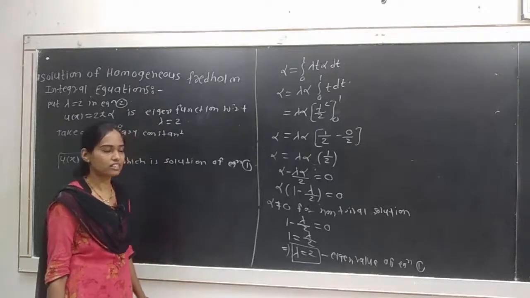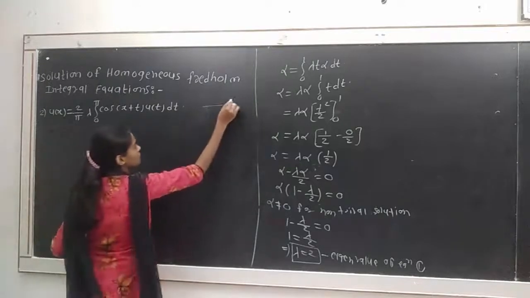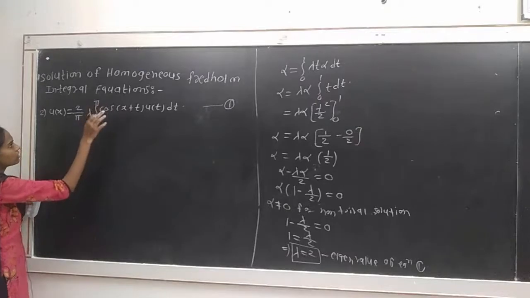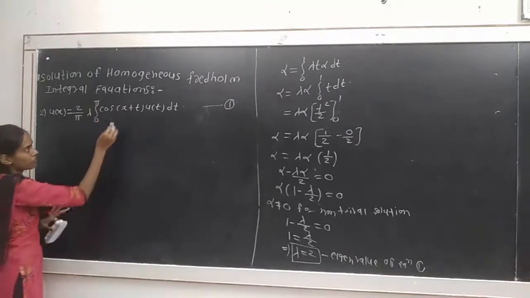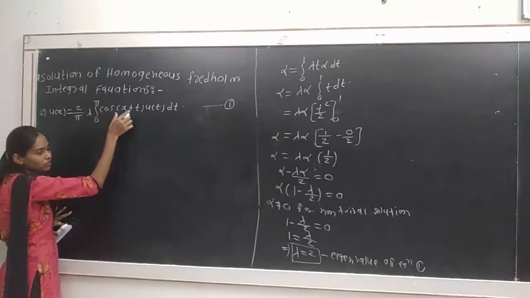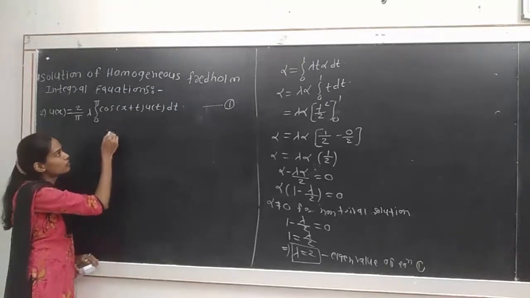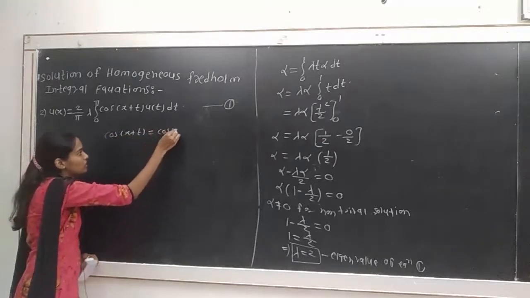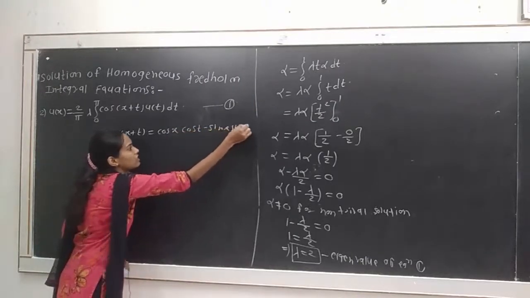Okay, then we see the next example. Here I can write the second example. Take it first as equation number 1. If you observe here, the kernel K(x,t) will be equal to cos(x+t), which is a separable kernel. If we split this cos(x+t) by using the formula of cos(a+b), cos(x+t) will be equal to cos x cos t minus sin x sin t.